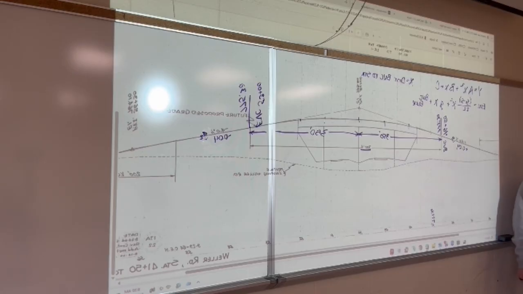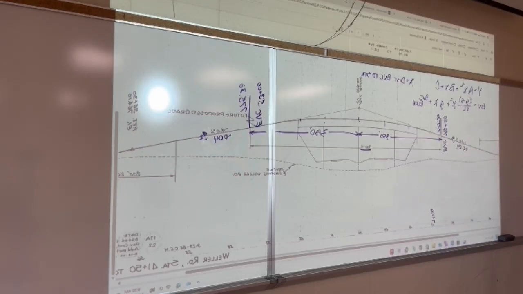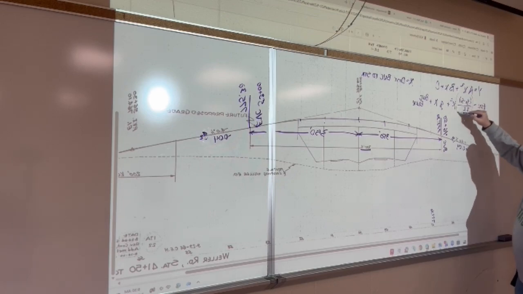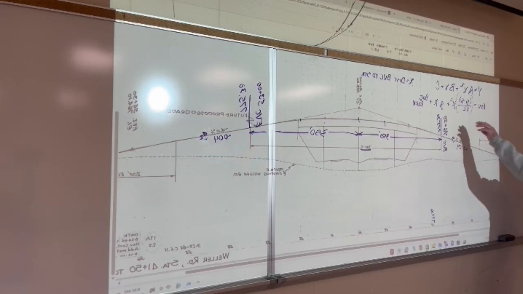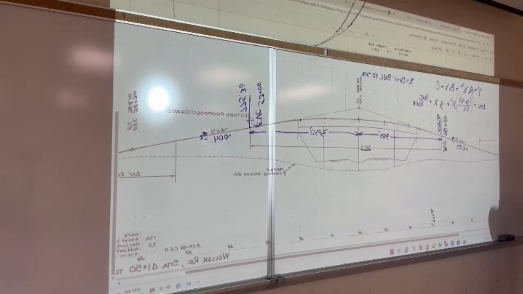Let's work through one more station. Let's go to 48. Actually, I shouldn't have erased everything here. This portion right in here is going to stay the same as you work through this. Your X is the only thing that changes. So let's start over.